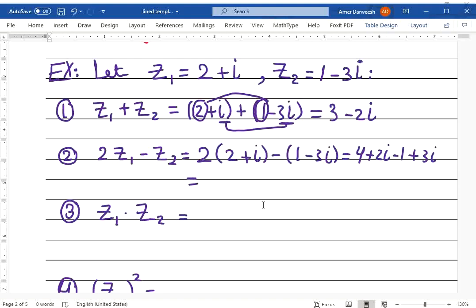So we have 4 minus 1 which is 3, 2 plus 3 which is 5i. هيك بنكون جمعنا two complex numbers.